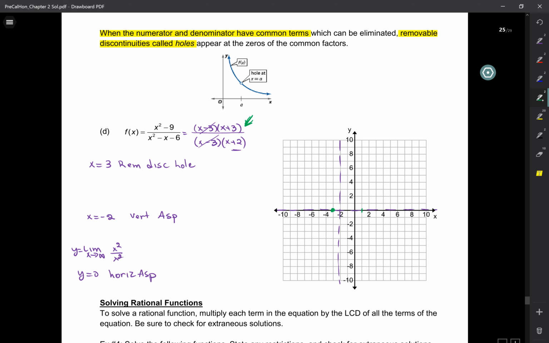To figure out the y value of the hole, we're going to plug 3 into the simplified equation. So that will be 3 plus 3 over 3 plus 2, which is 6 over 5. So that's 1.2 right there. There's a hole, like that.